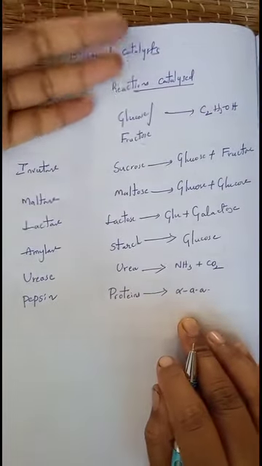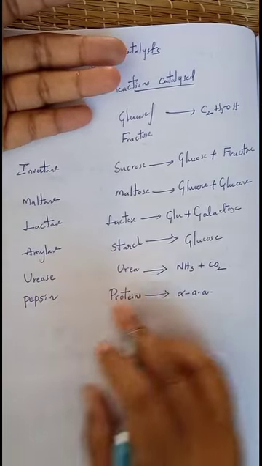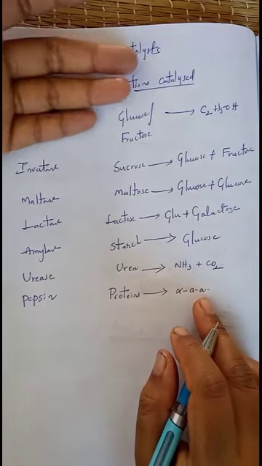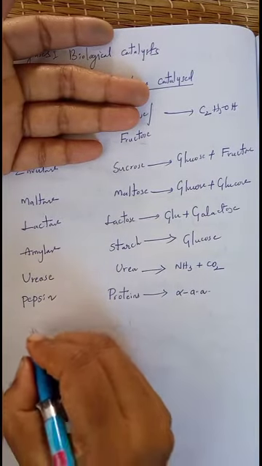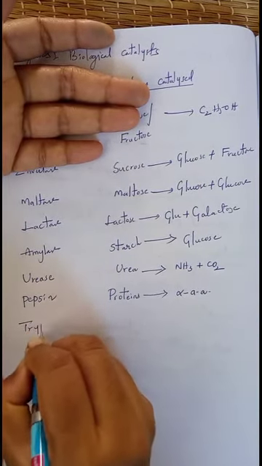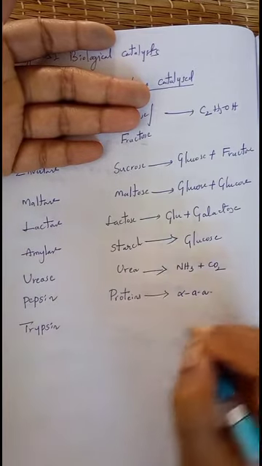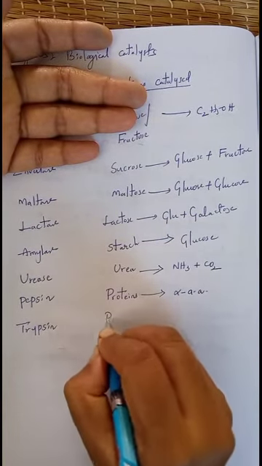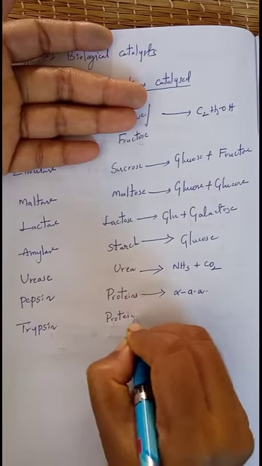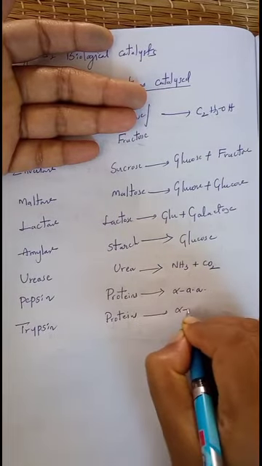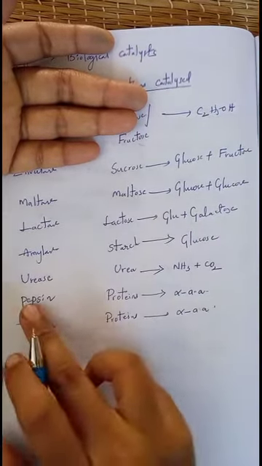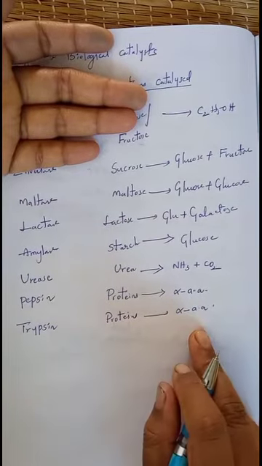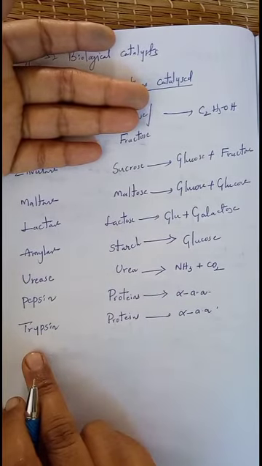Whenever they are catalyzed by the pepsin enzyme, they can be converted into n number of alpha amino acids. Next one, trypsin. This trypsin can also catalyze proteins into alpha amino acids.